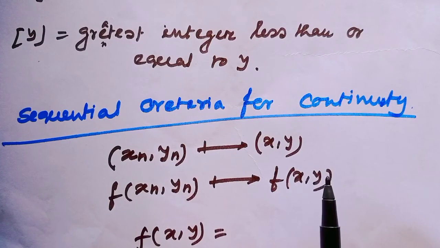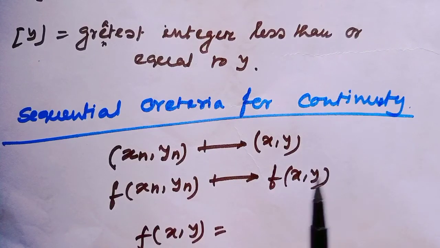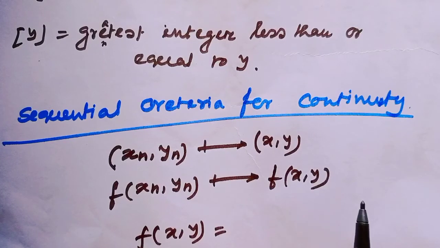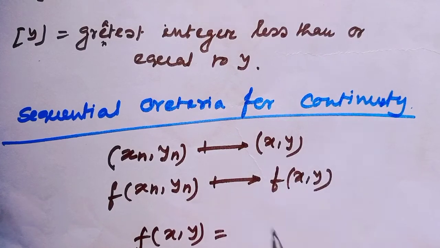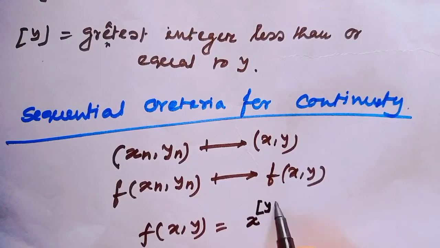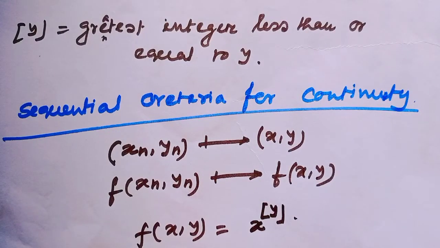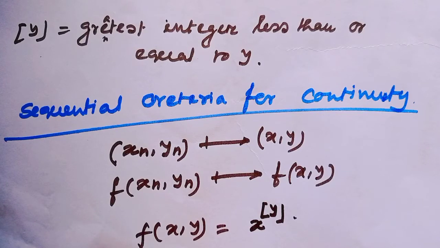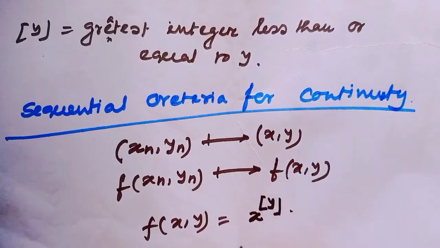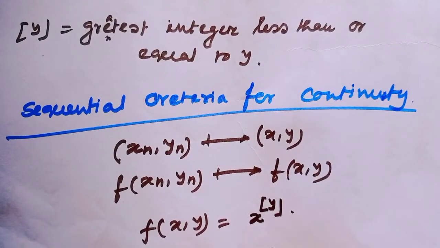Then by the sequential criterion of continuity, f(xn, yn) should converge to f(x, y). Here the given function is f(x, y) equal to x to the power box y. In the first option, f is continuous on R2, that means the whole R2. At first I will check the continuity at the point (2, 1).